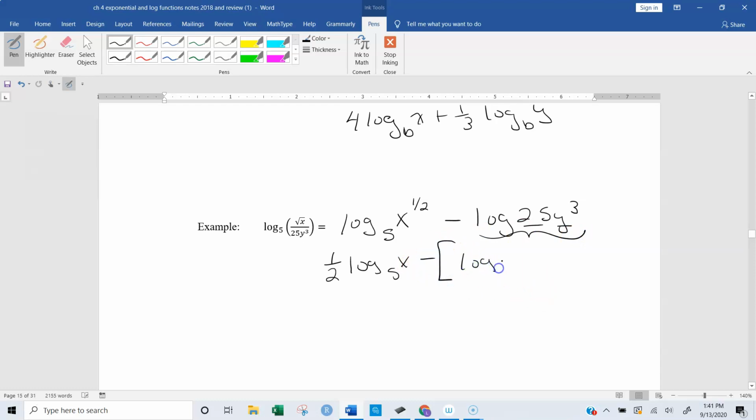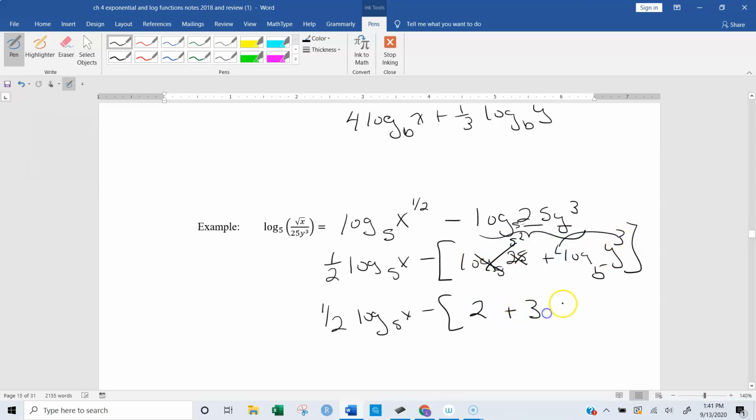This is log, and I forgot my base 5 here, base 5 of 25 plus log base 5 of y cubed. All right, we know 25 is 5 squared. So now we have 1/2 log base 5 of x minus, so this one's going to reduce to 2 plus, and then the 3 can go in front, 3 log base 5 of y.